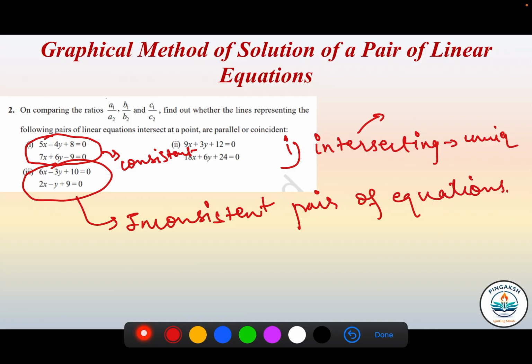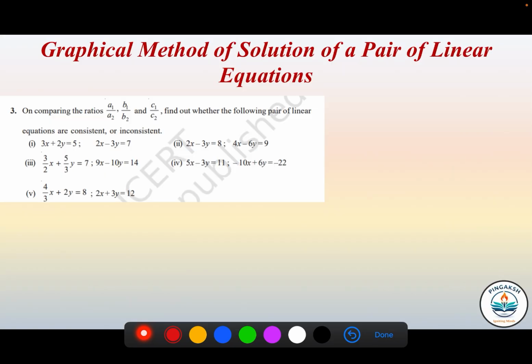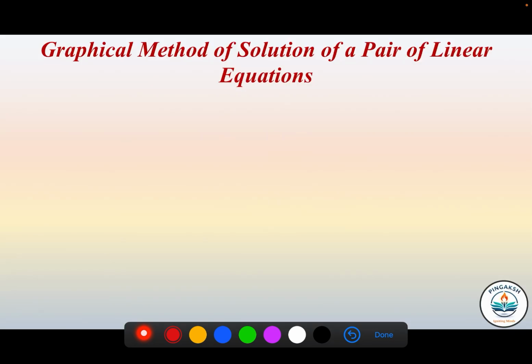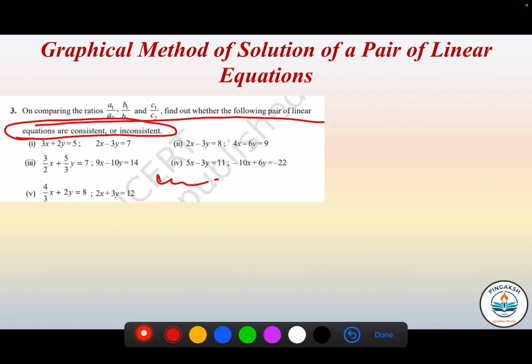Basically this is a small, easy exercise which you can do. Similarly, there is also one exercise asking you to find the consistent and inconsistent pairs of equations. As I already told you, please solve this exercise.